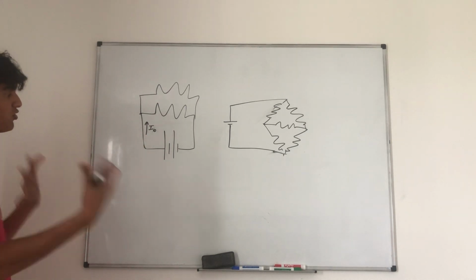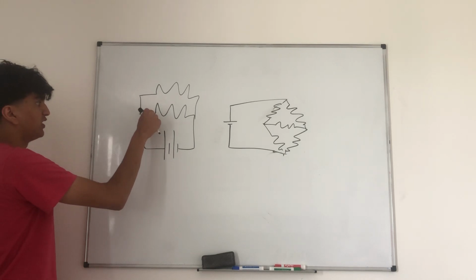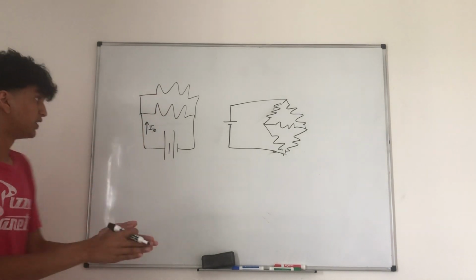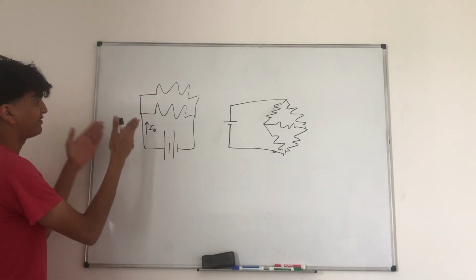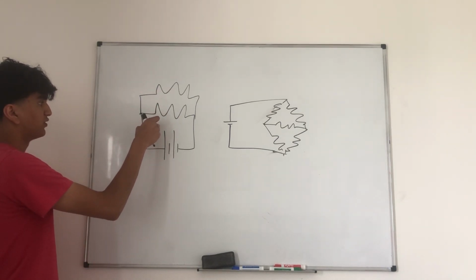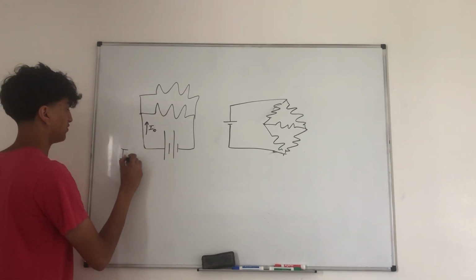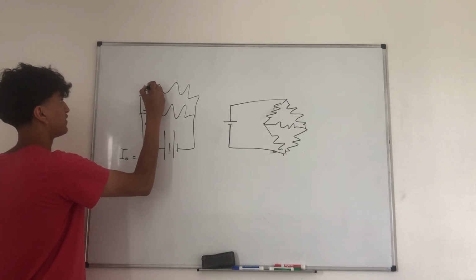When I get to it, all the junction rule is saying is that some of this current is going to go to here. Some of this current is going to go to here. At the end of the day, the total current that has gone through here and here has to equal the current here. So I naught, the original current, has to equal I1 plus I2.